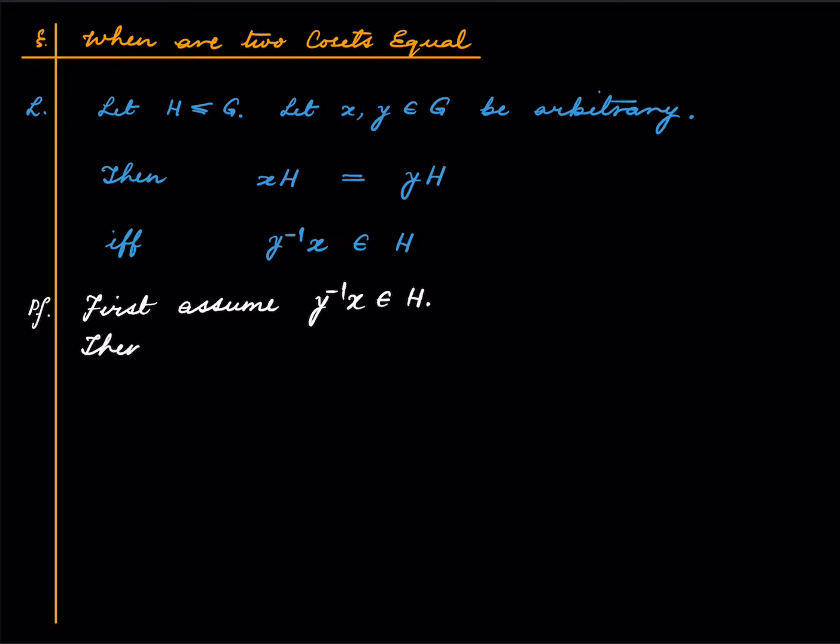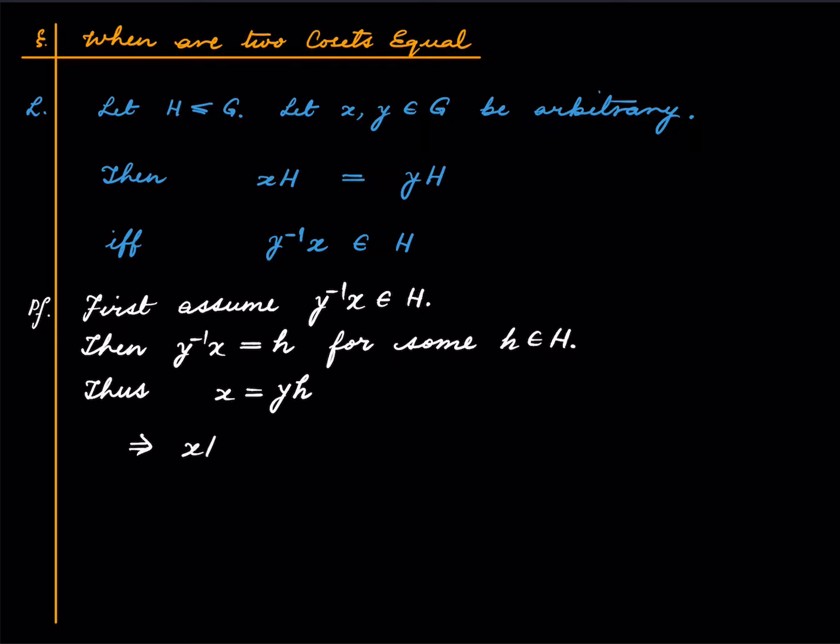So then y inverse x is equal to little h for some little h in capital H. Okay, so therefore x equals yh, which implies xH equals, let me put a bracket for clarity, which by definition is yhk, k varying in the subgroup H.